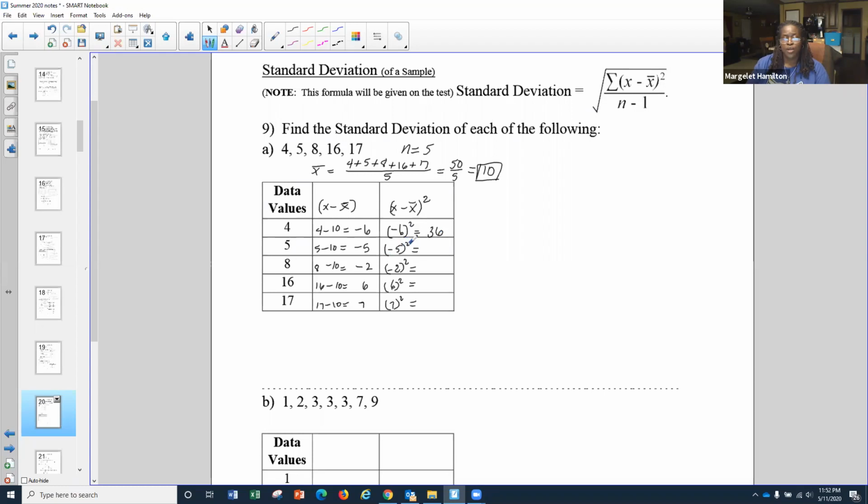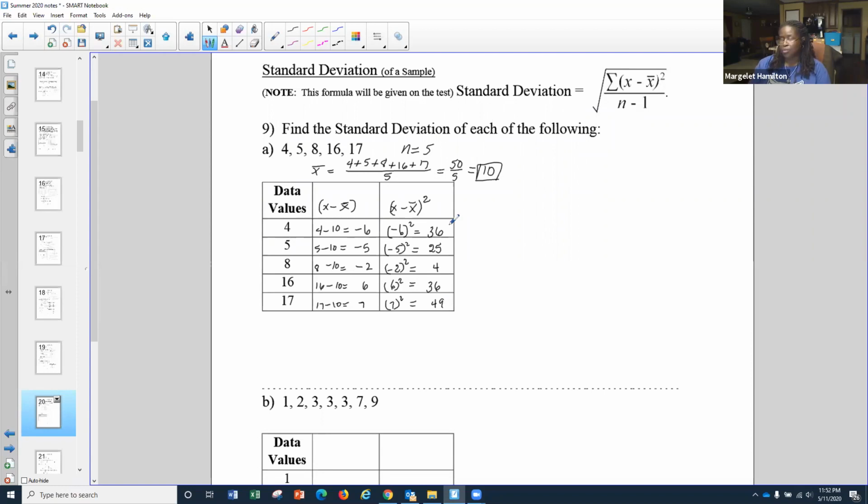Negative 5 squared should give us a positive 25. Negative 2 squared should give us a positive 4. 6 squared is 36. 7 squared, 49. All right, you should have gotten all those values.